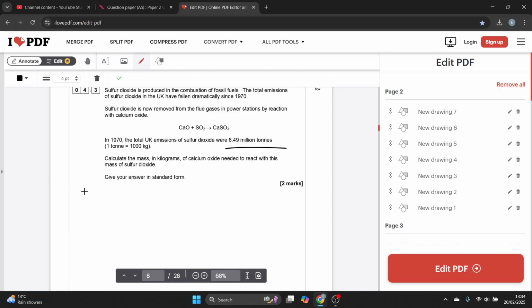So first things first, moles equals the mass of sulfur dioxide. 1 ton equals 1000 kg, but I've got 6.49 million tons, so I've got 649 and this much tons, right? And I want to convert it to kg, so I'm going to add an extra 3 zeros at the end. I want the mass in kilograms, so that's fine then, yeah.